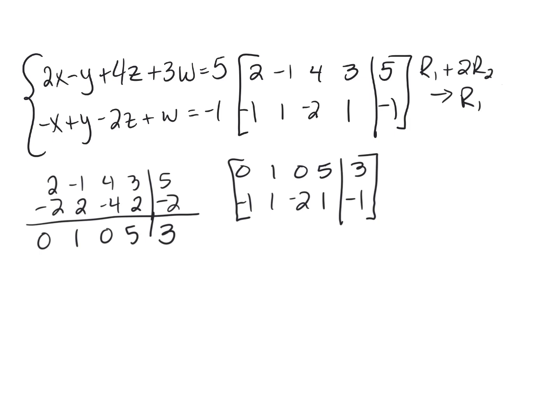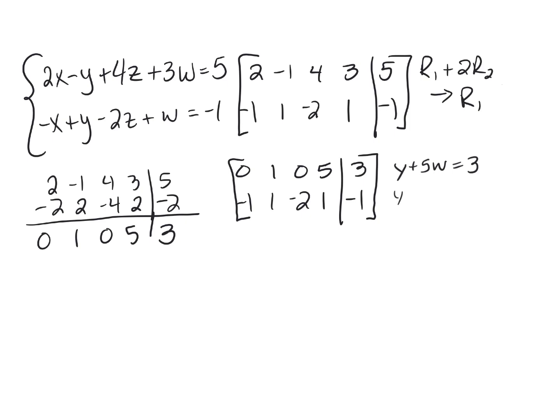I can't do anything else without losing these zeros. If I try to eliminate the ones here, then these zeros go away. So I'm going to stop what I'm doing and look at what I have. So I have, let's see, y plus 5w equals 3.